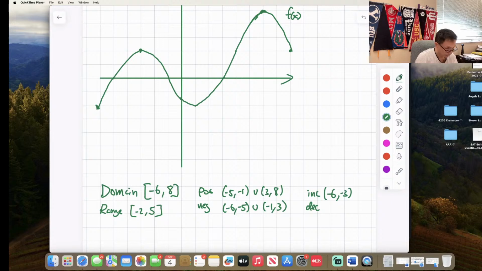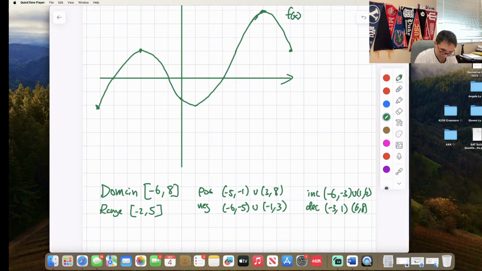Oh sorry, I wrote it wrong. And then 1 to 6. 1 to 6. Good. Decreasing. Let me ask Daryl. From -3 to 1. Negative 3 to 1. Okay. Then from 6 to 8.